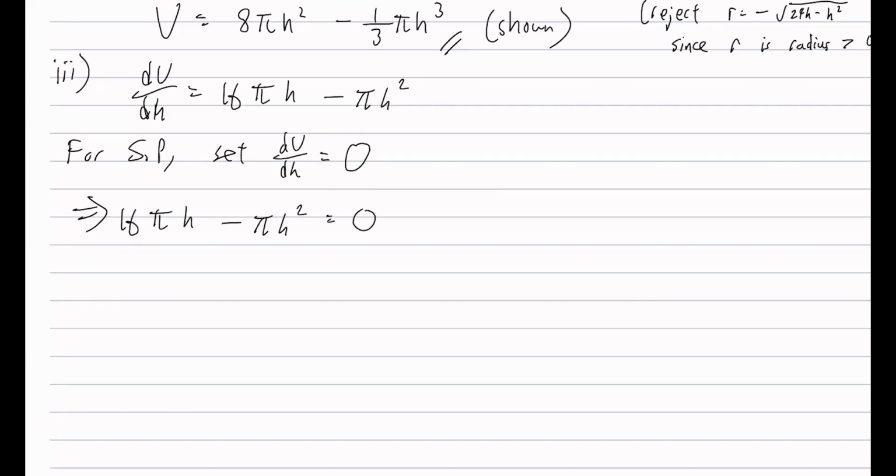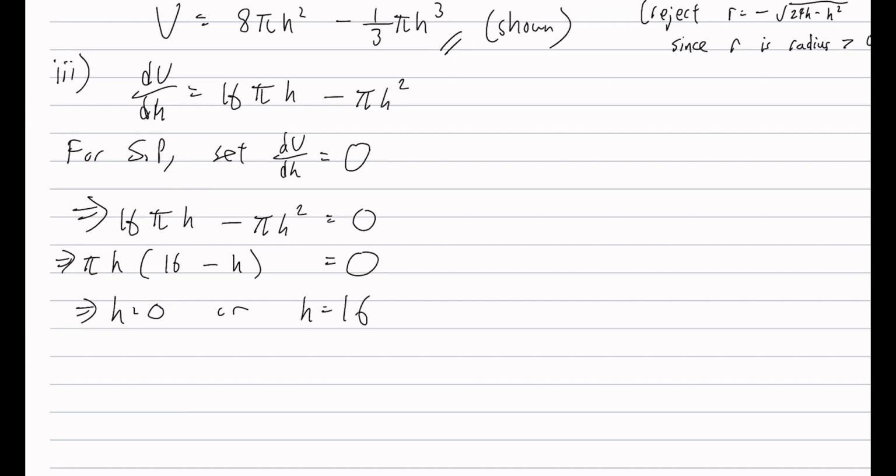Factorize. You can take out the h, and you can also take out the pi. Pi h, then 16 minus h equals 0. So therefore h equals 0 or h equals 16.